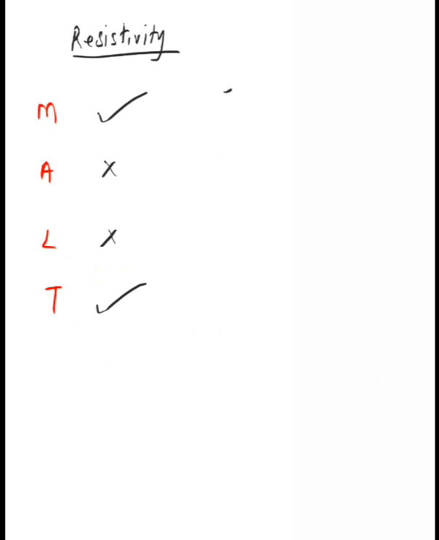For example, resistivity of iron is more compared to the resistivity of copper. Also, resistivity is directly proportional to temperature for metals, only for metals. So for metals, if there is more temperature, there will be more resistivity also.